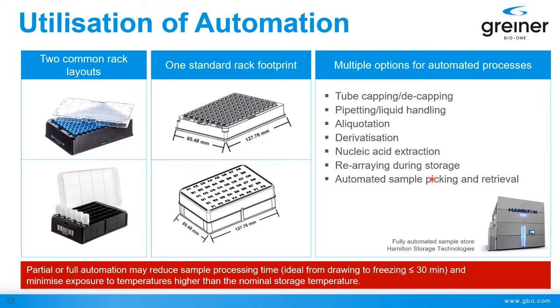I just listed on the right-hand side what is possible. We have seen the tube picking and capping, decapping, pipetting, liquid handling is possible, aliquotation, but whole derivatization like RNA, DNA extraction is possible. Even PBMC isolation is possible. And also in the store, it doesn't end.